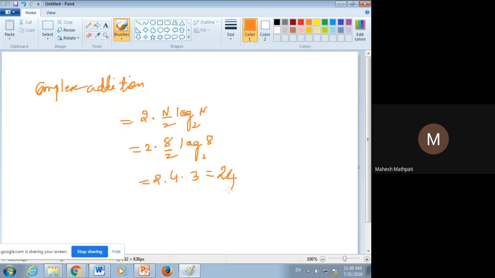In comparison with DFT, what is the formula for DFT? n square minus n. So if you do n square minus n, how much do you require? 64 minus 1, so you require 63 times addition here. So compared to the DFT, here we require only 24 times addition. So this is how the complex additions are also reduced with the help of the FFT algorithm. Understood why FFT is faster?